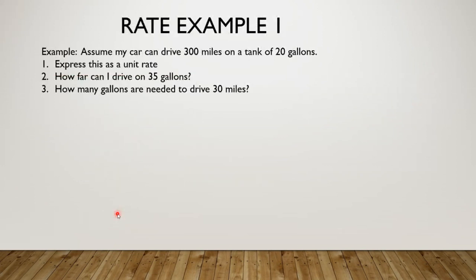Okay, so here's our first example. Let's suppose I have a car that I can drive 300 miles on 20 gallons of gas. Again, this is hypothetical. So the first thing we want to do is express this as a unit rate, meaning we want to write this as a fraction where the denominator's quantity is 1.